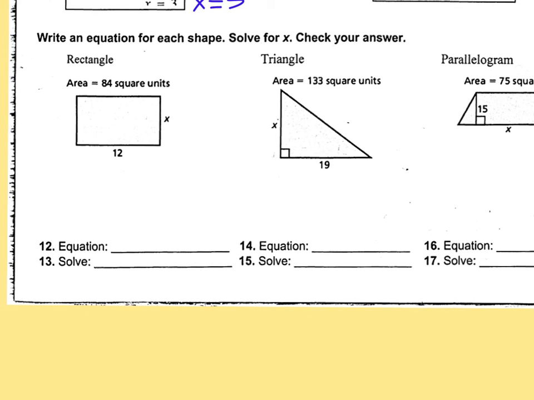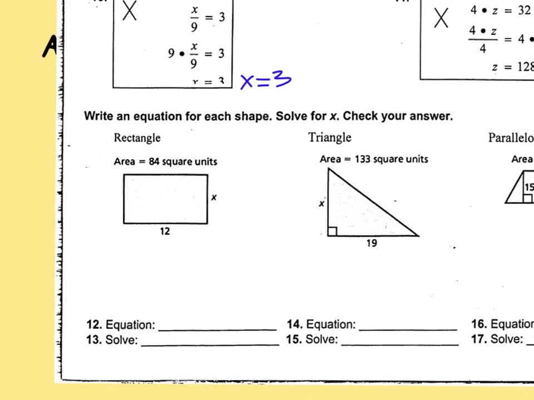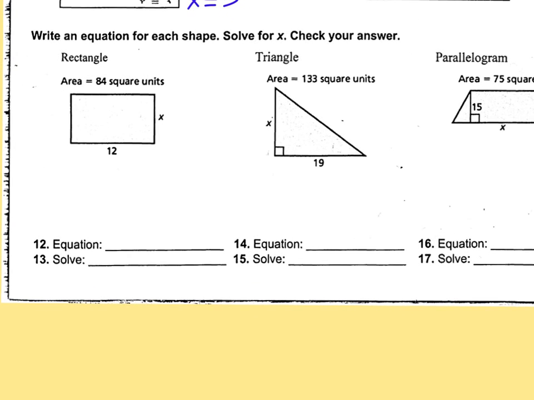Now, right here it says write an equation for each shape. Well, you guys should know how to find the area of or write an equation for these, okay? So I'm gonna just help you out a little bit. So on this one, we're gonna go base times height equals area. Okay, this one is base times height divided by 2 equals area.